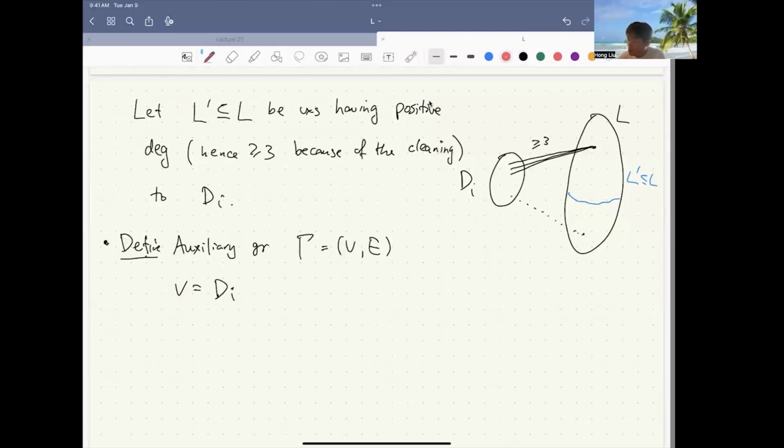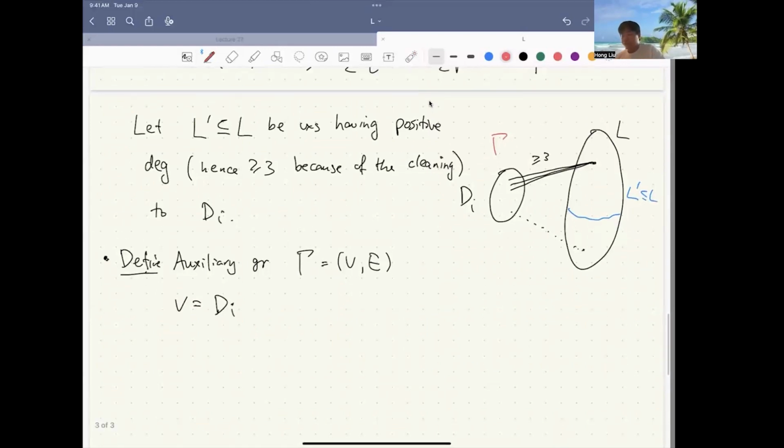Let me use red to draw this graph. The auxiliary graph has its vertices on Di. What are the edge sets? Well, it's very simple. We look at every vertex in L. In its neighborhood, we know it's at least 3 size. We're going to put down vertex disjoint triangles.